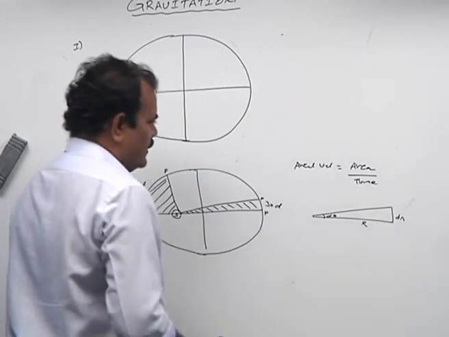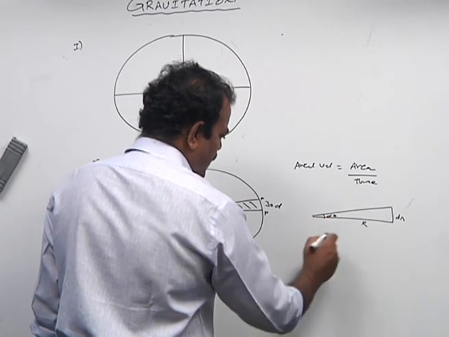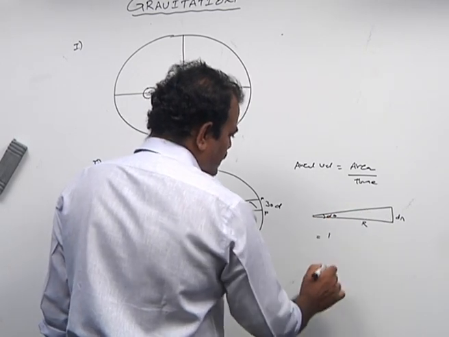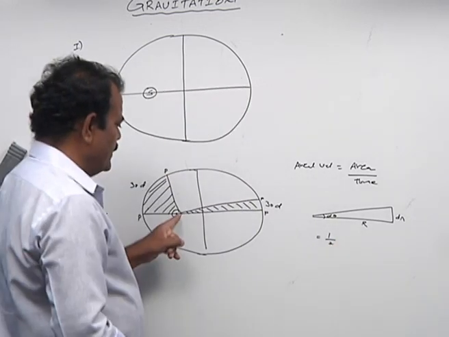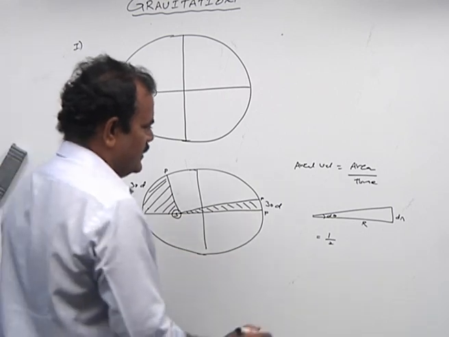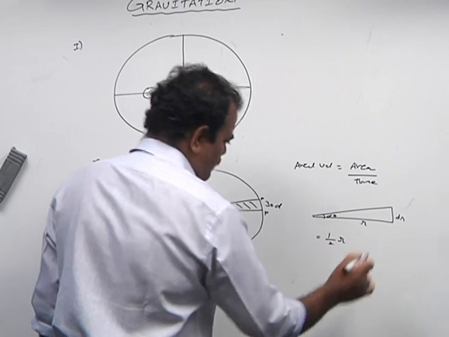Next, area by time means you have to take the area of this triangle, which is half base times height. Here the base is this distance, so we can consider the general distance as small r only.